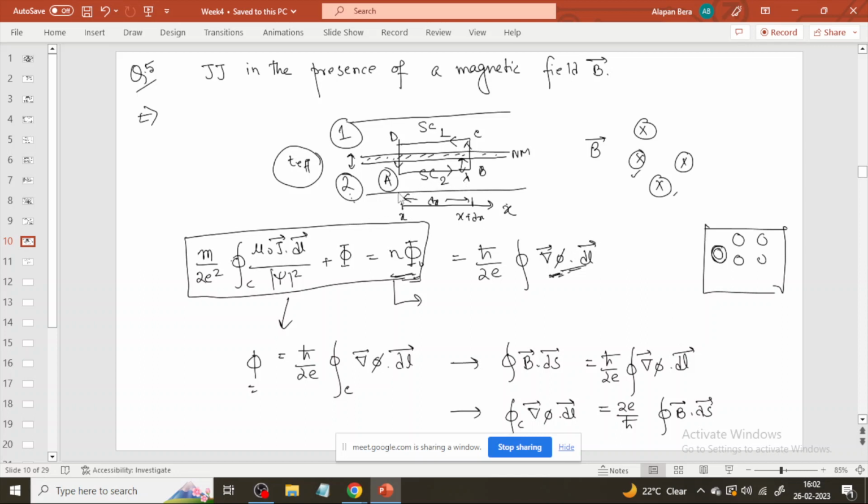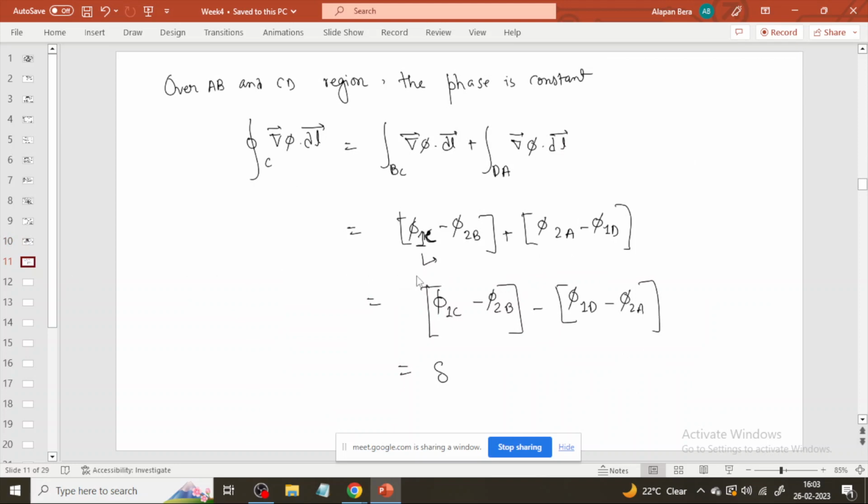When we jump from this point to this point, phi has changed by some amount, and that change is denoted by this. So we are giving the change in phi as a function of position.